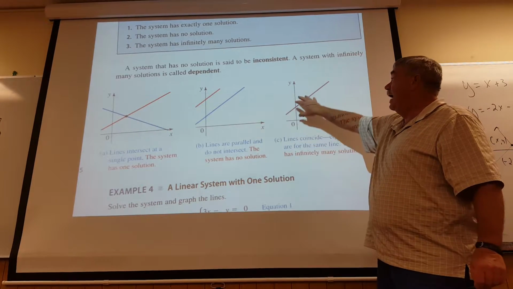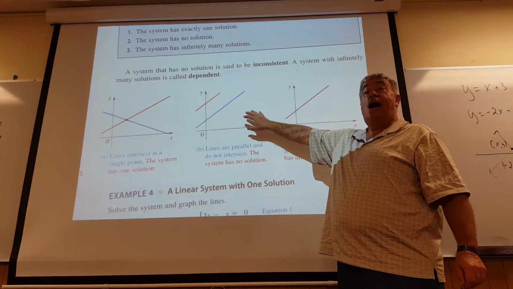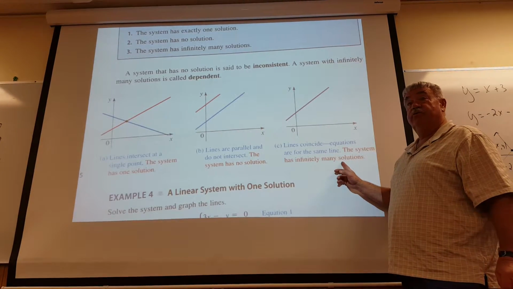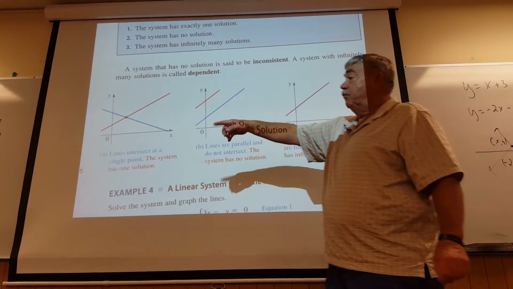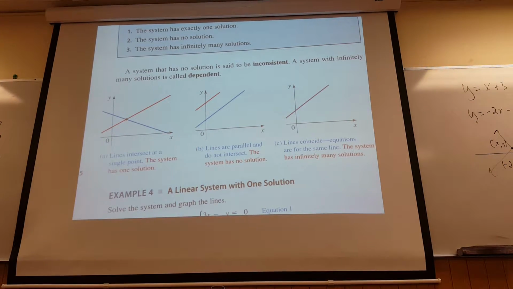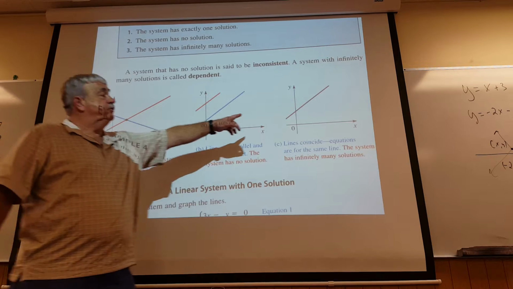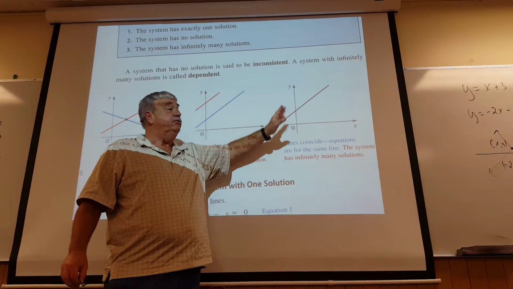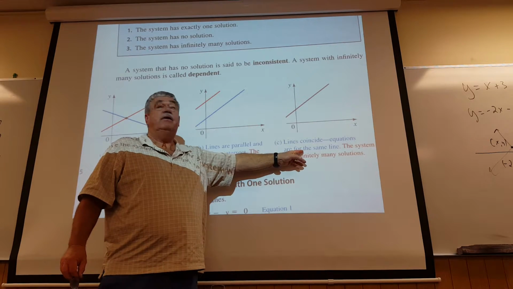Now, when you have one of these, you have to say no solution or infinite solutions. Can't just say, like we did, 0 equals 0. Now, if it's true, they are the same line. If it says 0 equals 0, that means they coincide and they're the same line.